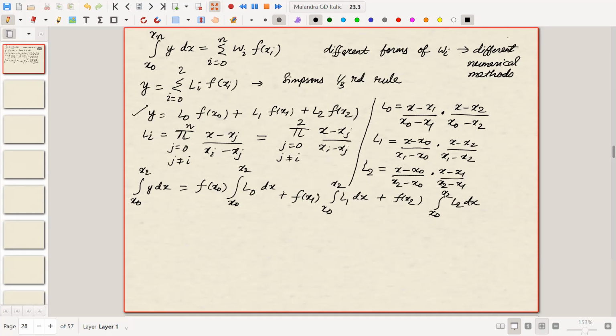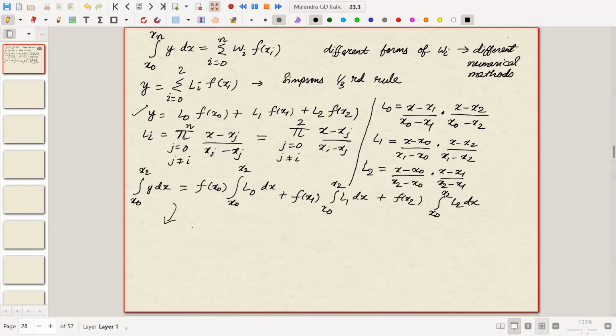Okay. So again, you know what is x1 minus x0, you know what is x1 minus x2. These are just h. x1 minus x2 will be minus h, but x1 minus x0 will be h. So those things you have to substitute. There is a bit of algebra involved.